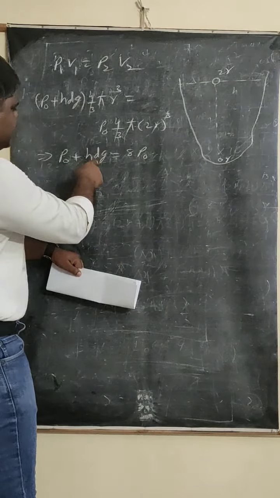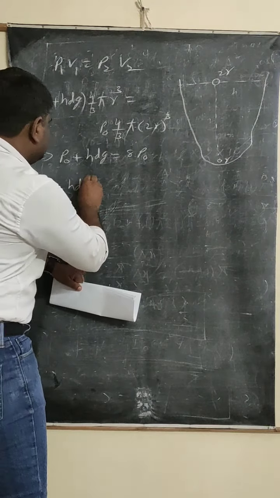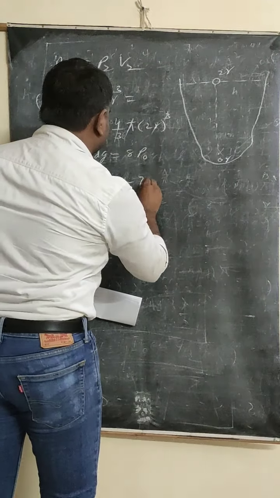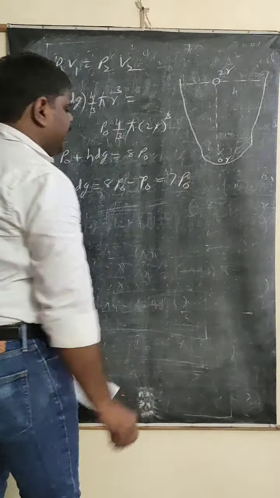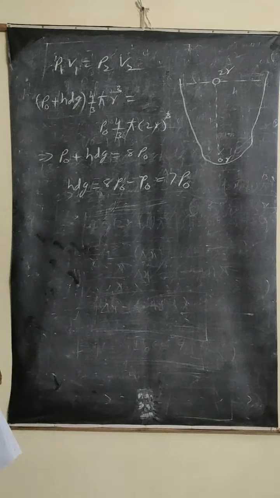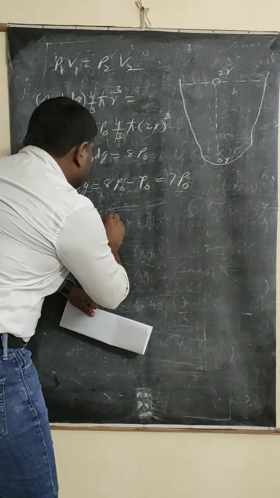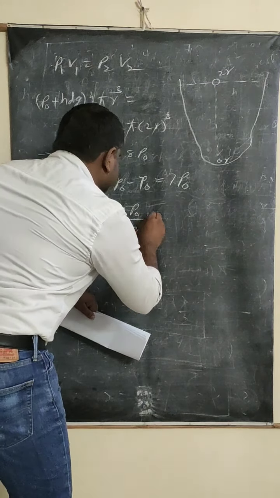Now we have to find the H value, so HDG equals 8 P0 minus P0, that is 7 P0. HDG equals 7 P0. That implies H equals 7 P0 by DG.